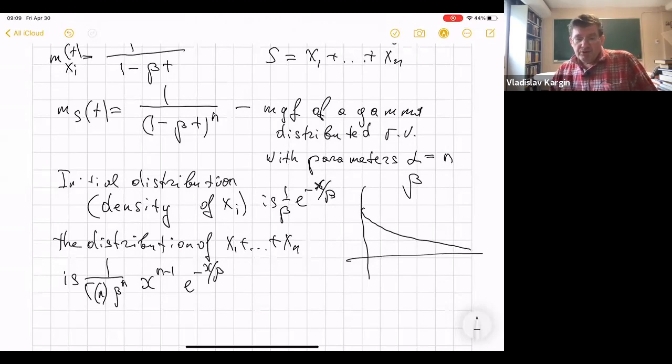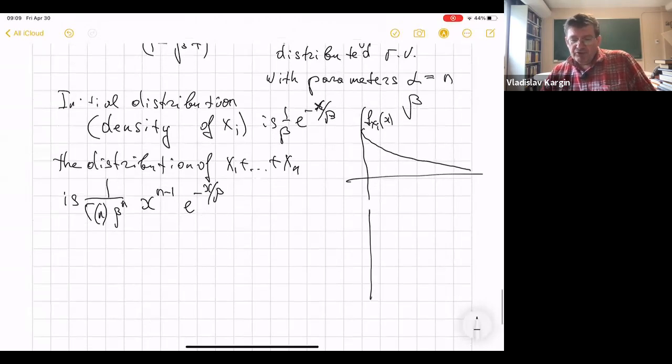So this was the original density f_{X_i}(x), and the density you get here looks something like that. This is f_S(x).